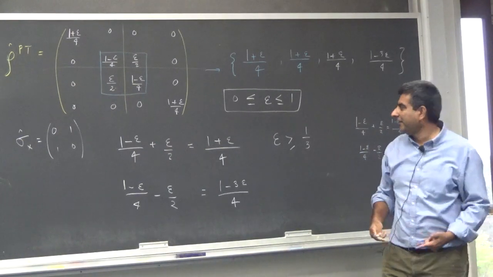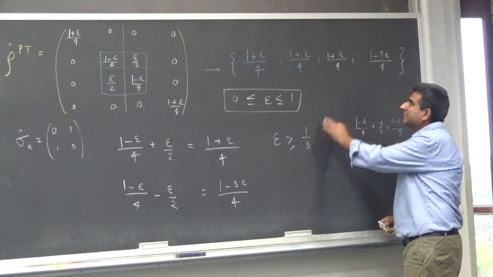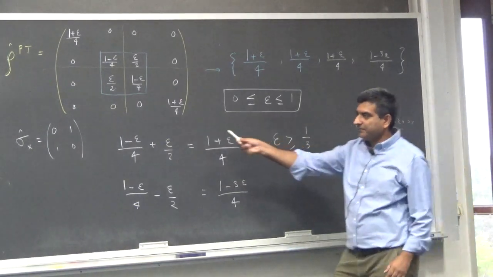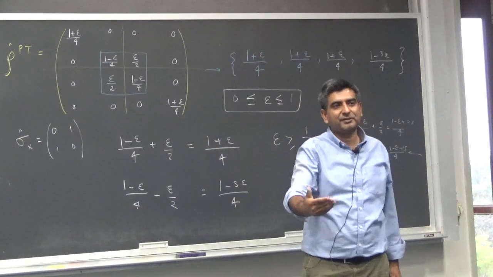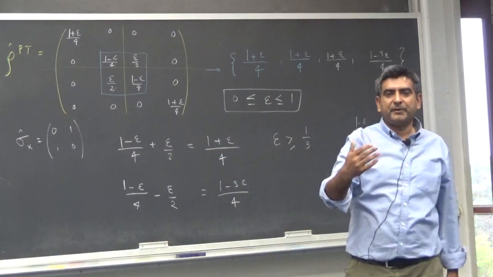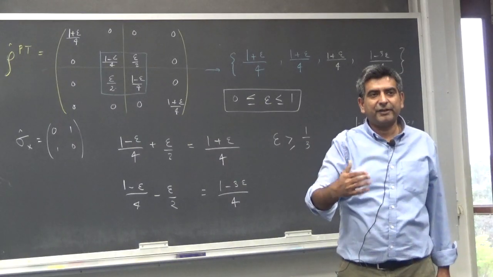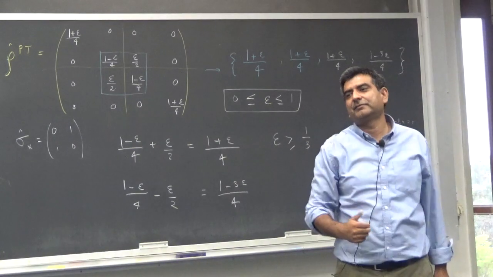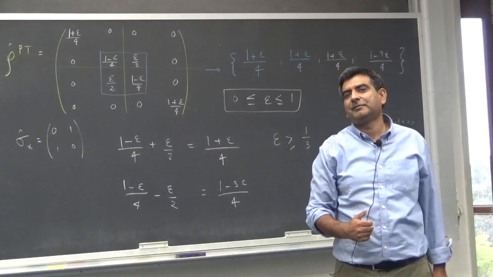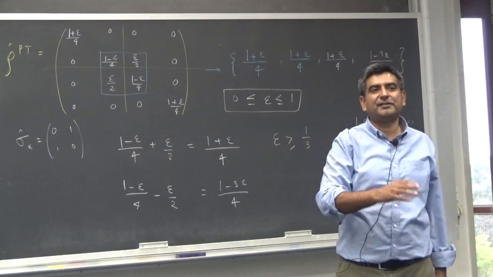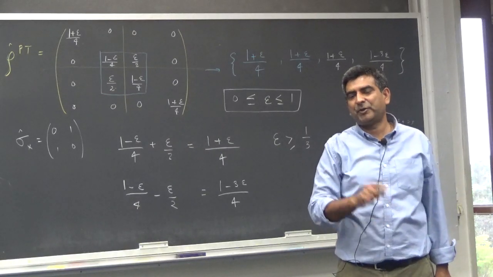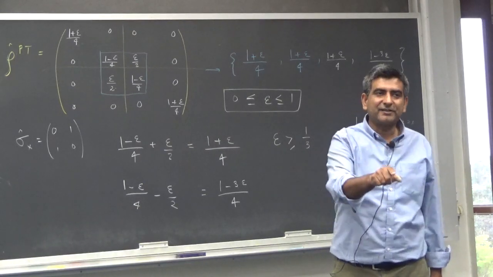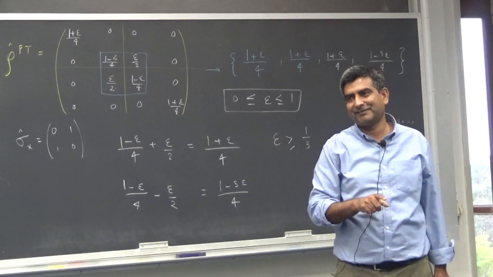Let me rephrase. If one of the eigenvalues of this matrix turns out to be negative, this means that the act of partial transposition renders the operator into a non-legitimate density matrix, which means that my initial separable decomposition was incorrect, because partial transposition should preserve a density matrix.